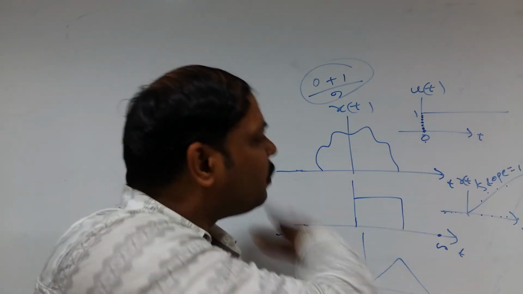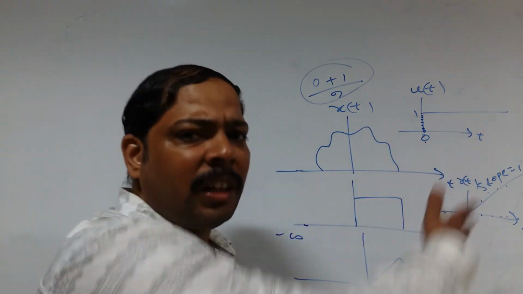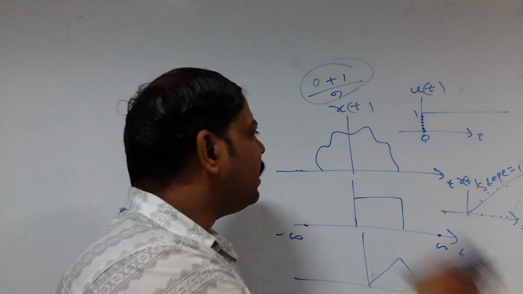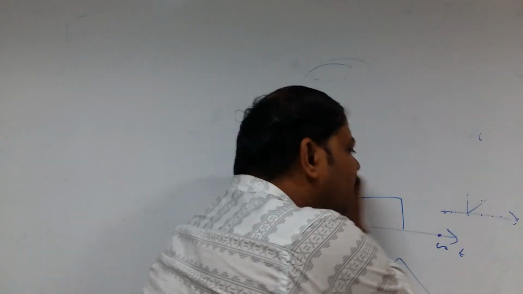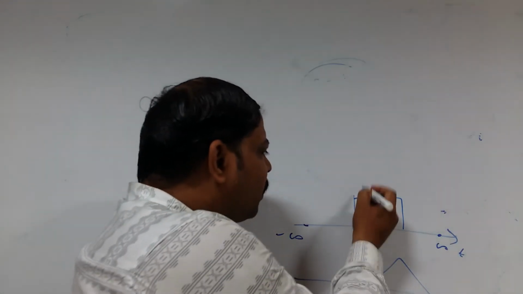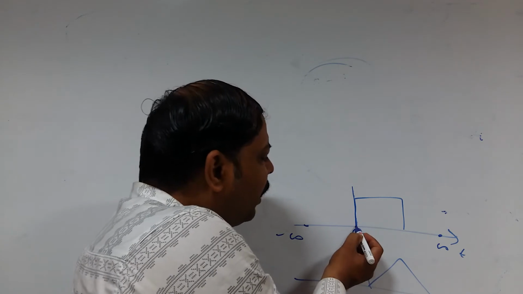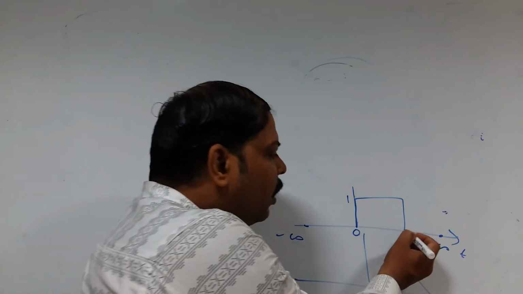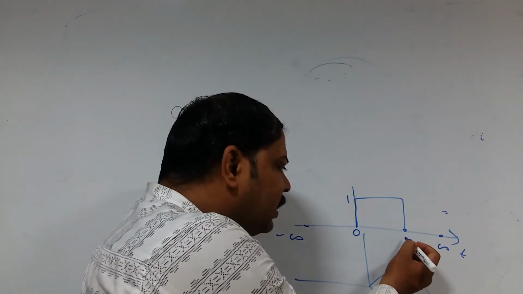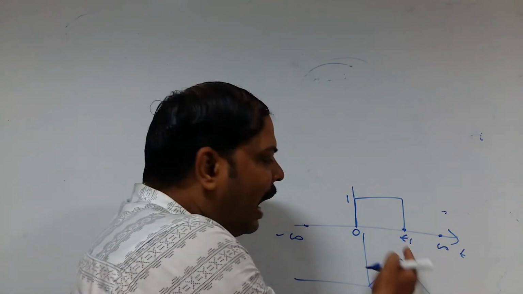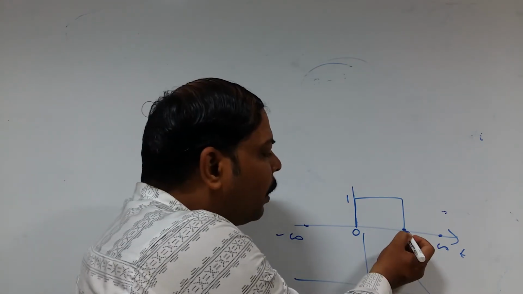Anyway, whatever signals I have drawn here, all these signals are known as continuous time signals. And if you want to represent the signal, here you just mark, this particular case you just mark. Here at 0 the signal is undefined, because the signal has many values from 0 to this. Suppose this is 1. Here also it is undefined, because suppose this is your time t1, and at t1 the signal has many values from this to this.